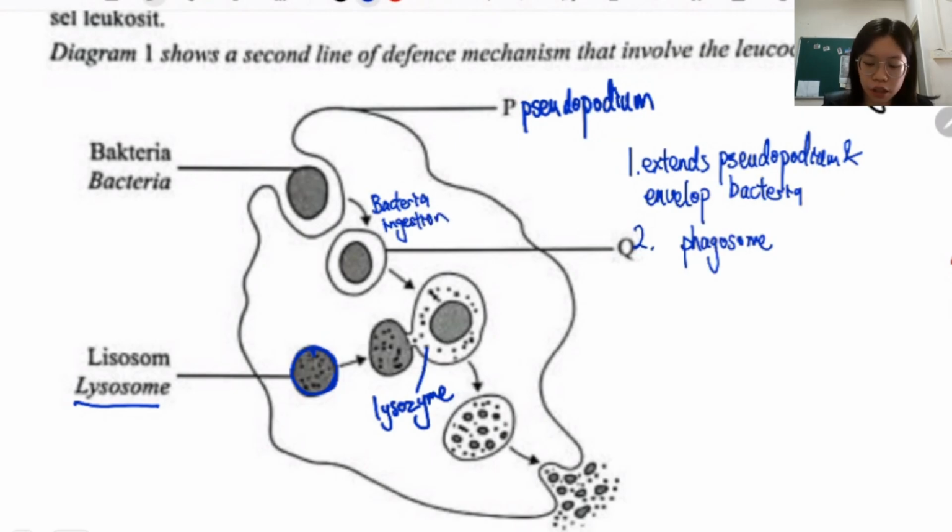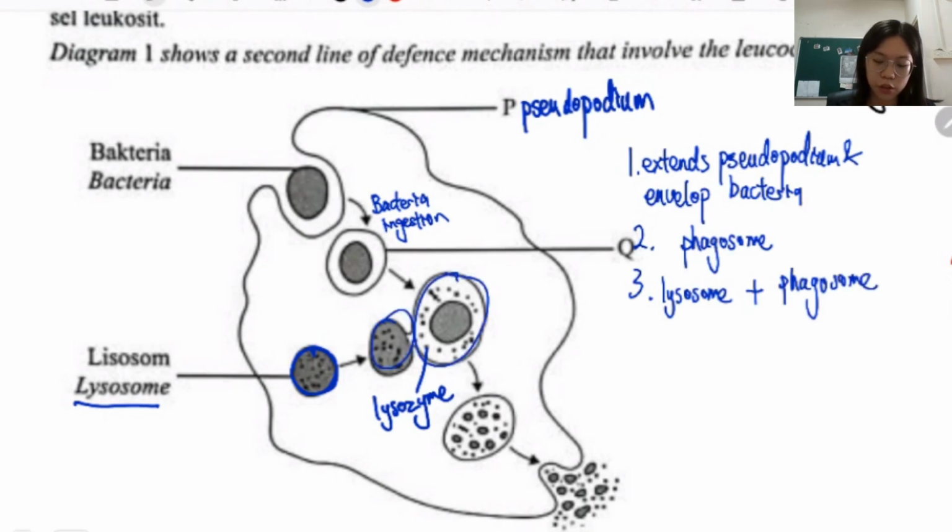And after you form the phagosome, the lysosome. Don't mix up lysosome and lysozyme. The lysosome is the vesicle containing the lysozyme, and it will fuse with the phagosome. So the lysosome combines with the phagosome.